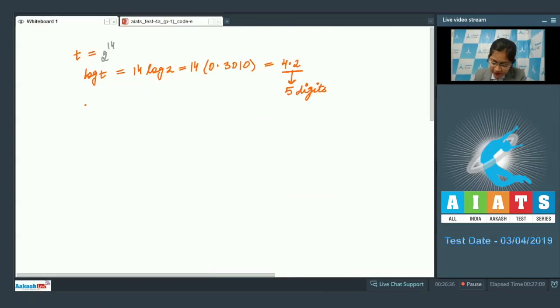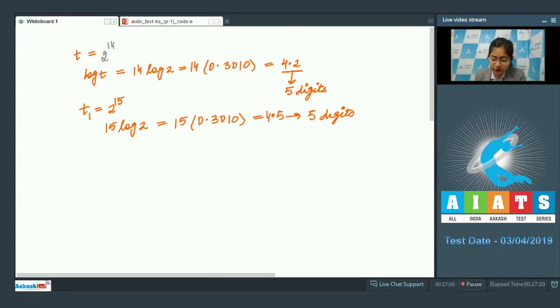Similarly, let's find for T1 equal to 2 raised to the power 15. So here we will find 15 into log 2, that is 15 into 0.3010, that will be equal to 4.5. So this again has 5 digits. Now next for 2 raised to the power 21, it will be equal to 21 into 0.3010, that will be equal to 6.3, which means that it will have 7 digits.